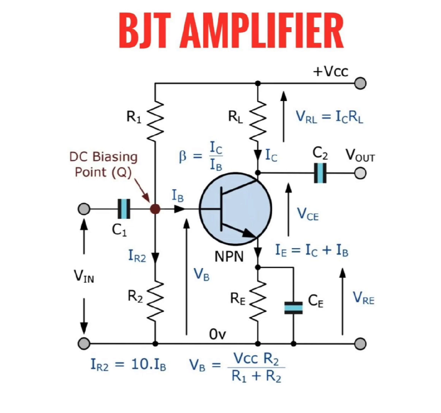Amplification happens without distortion. What is the Q point? Q point means quiescent point. It is the transistor operating point in DC conditions without any input signal, with fixed values of collector current, emitter voltage, and base current.